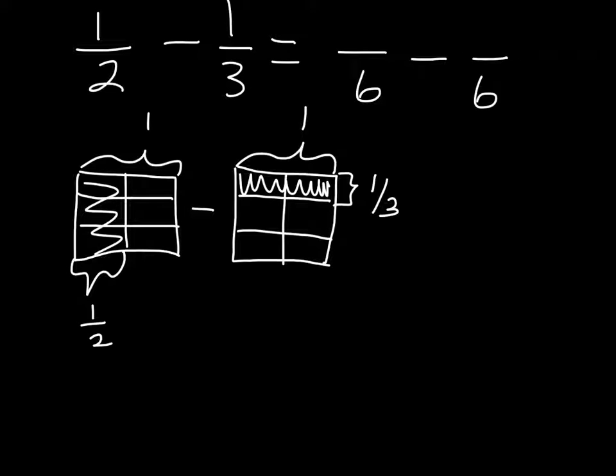And when we change the unit or the denominator to sixths, 1/2 is going to become 1, 2, 3 sixths. And when we change the unit to 6 for 1/3, we have 1, 2 sixths.